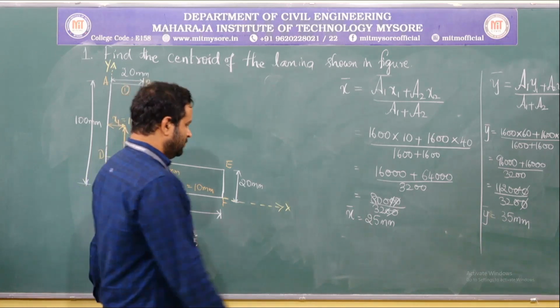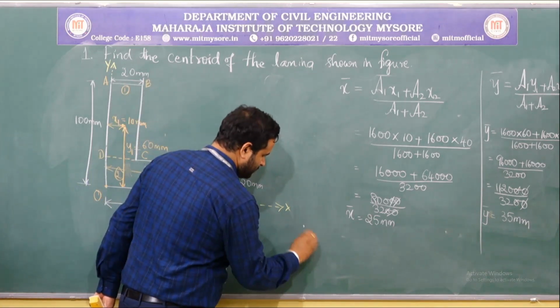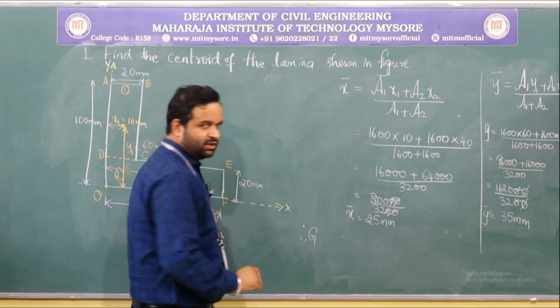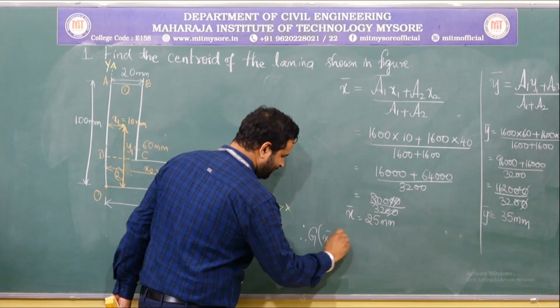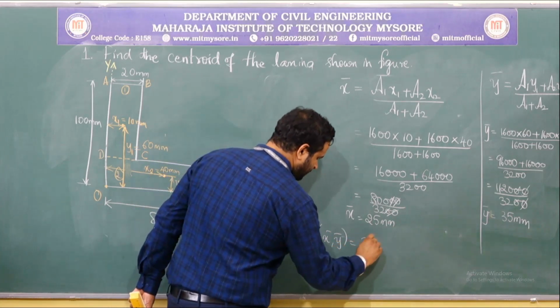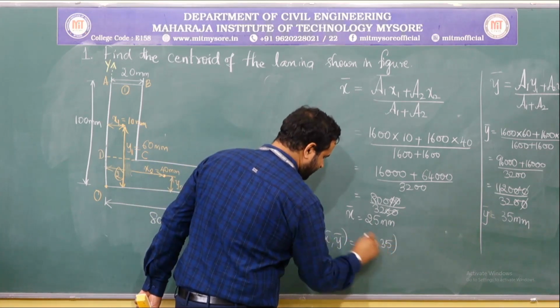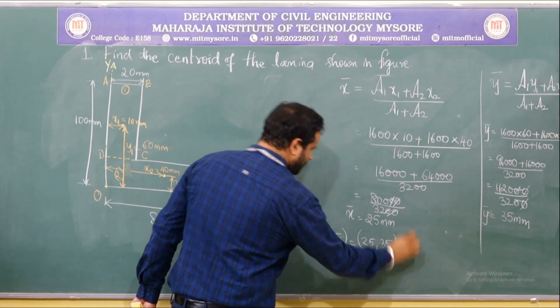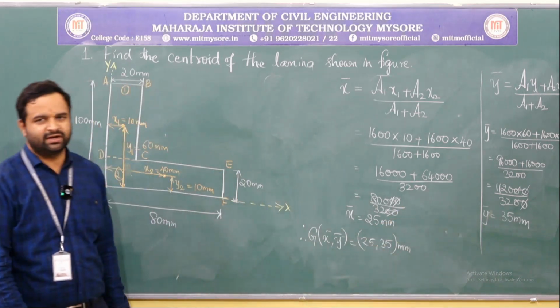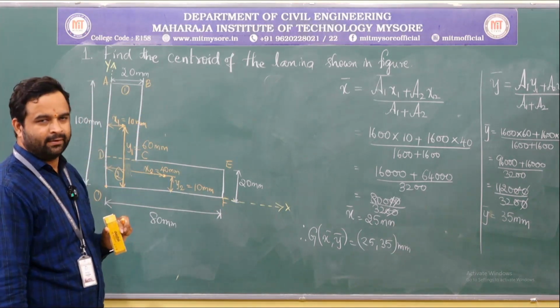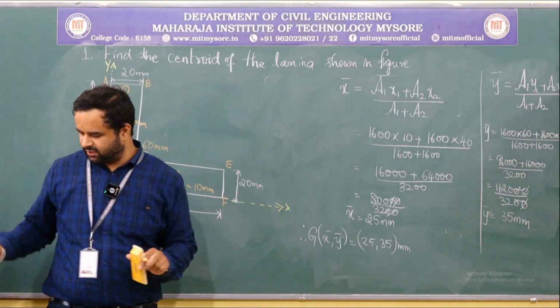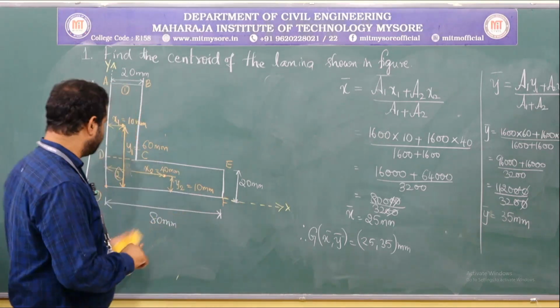Okay. So at last you have calculated the coordinates of the centroid G, x bar comma y bar, which is equal to 25 comma 35 mm. So these are the coordinates of the centroid of this particular lamina given. Now try to locate this in the actual figure.